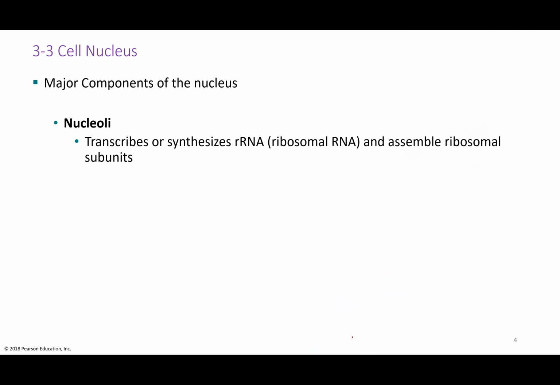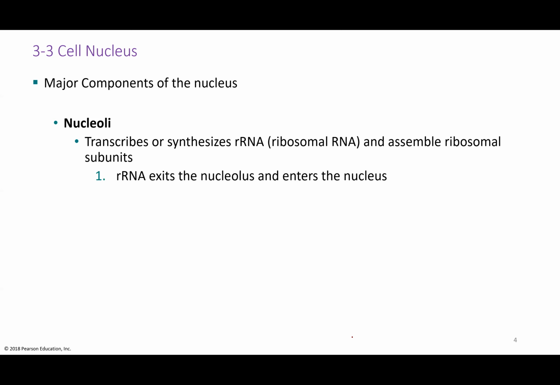When they come together, they form the ribosome, which is the machinery of where protein synthesis occurs. So in the nucleoli, those subunits are formed and assembled. Then they leave the nucleus through those nuclear pores and then out in the cytoplasm or attached to rough endoplasmic reticulum, protein synthesis can occur.